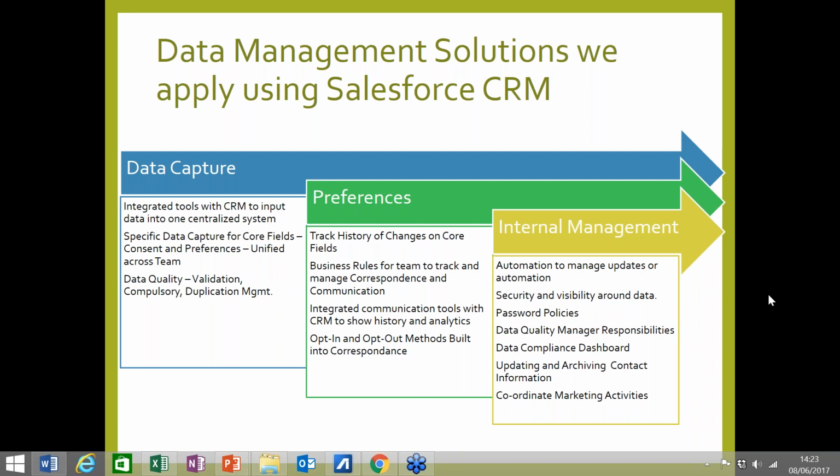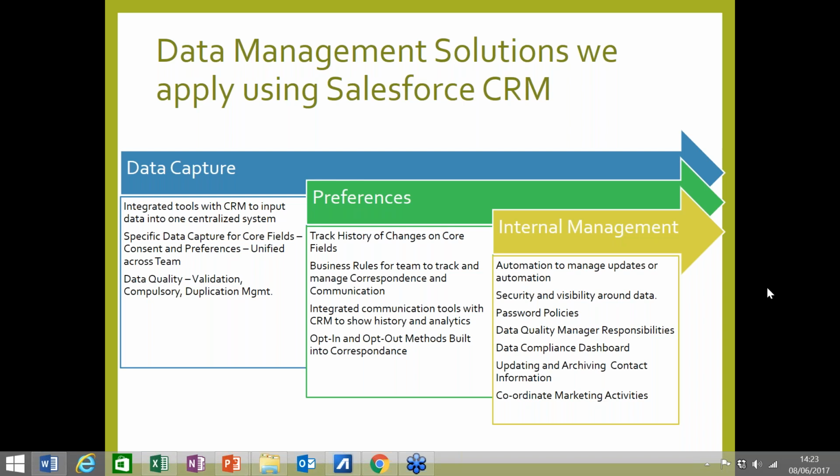Within your CRM, you want to be able to set security and visibility around data. You want to manage your password policies carefully and think through, again, what are our password policies around data. You need to think through who your data quality manager is and what their responsibilities are. Ideally, you should set up a data compliance dashboard.